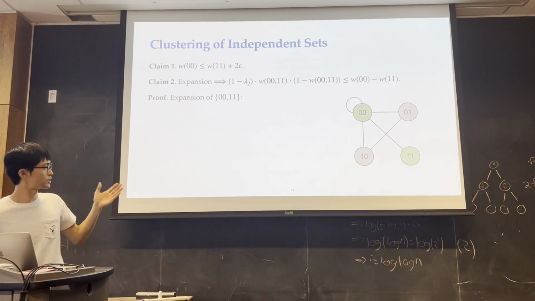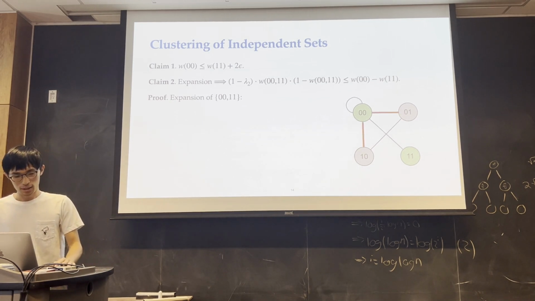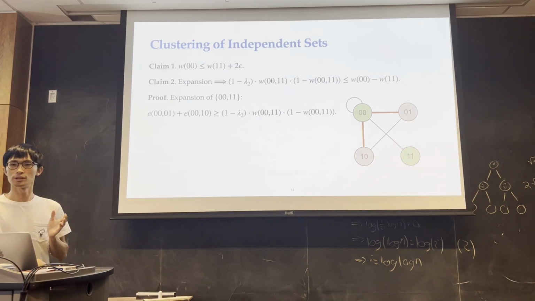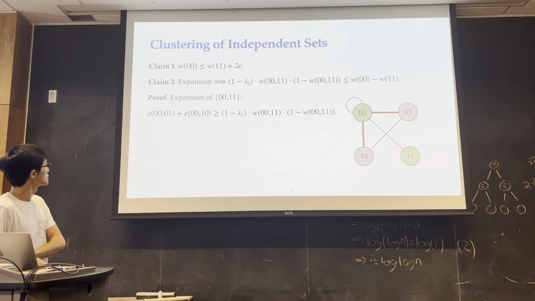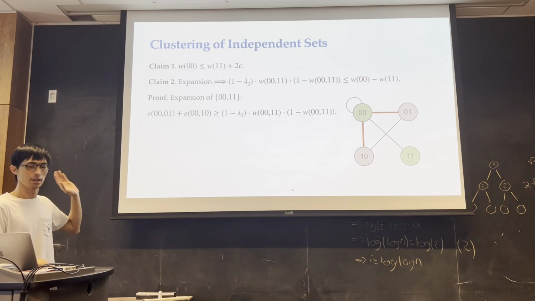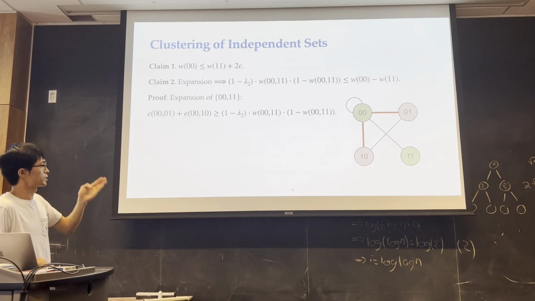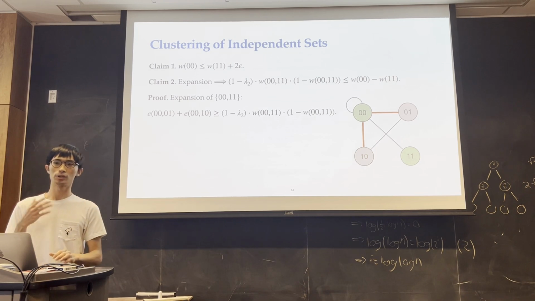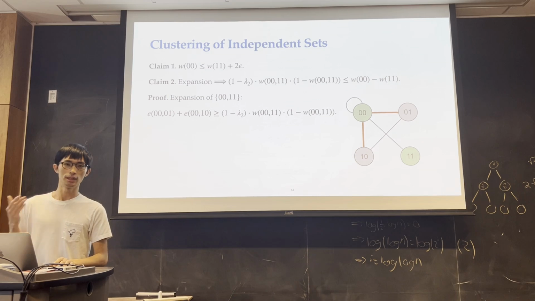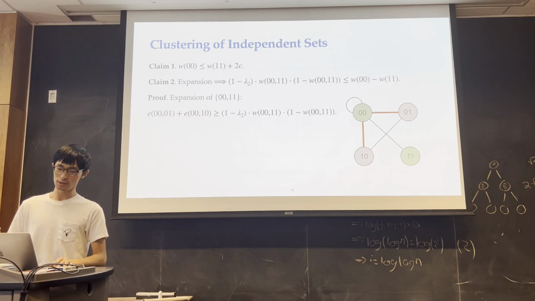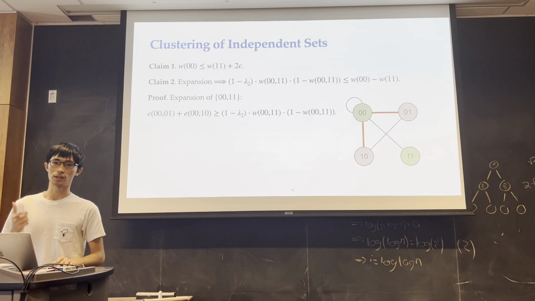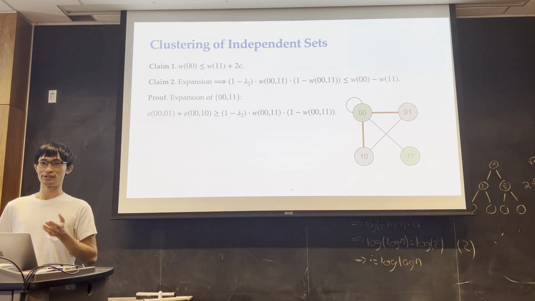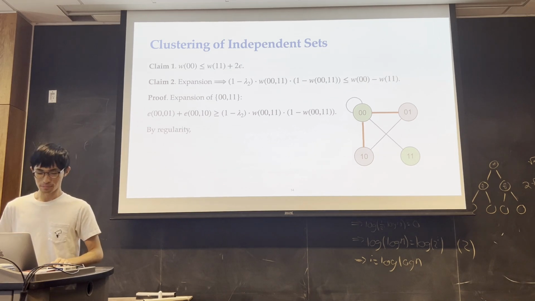We apply the expansion to this set. The red edges are the outgoing edges of this set, denoted by E. The edges between 0, 0 and 0, 1 plus 0, 0 and 1, 0 are the outgoing edges of the set. It's at least the second eigenvalue of the Laplacian times the weight times the complement. Now, to answer your question, we use regularity here.